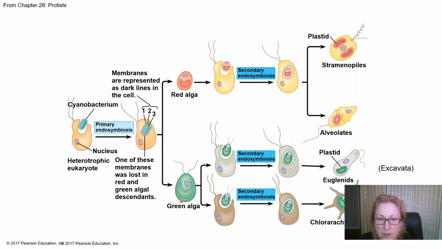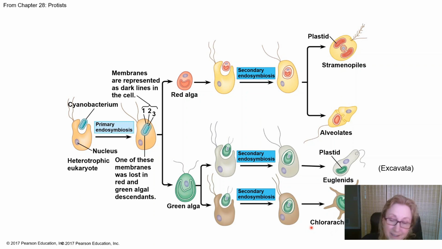There were also secondary endosymbiotic events with green algae, which led to the green euglena, which are in the excavata, another group within the protists, and also a subset of the rhizaria, which are the third one in the SAR in protists. So not all rhizaria have this, only a subgroup, the chlorarachneophytes.